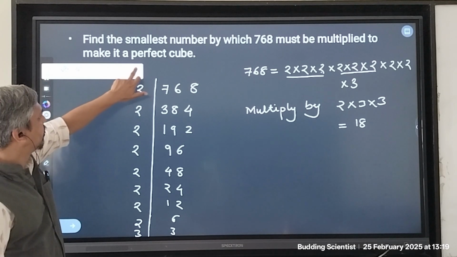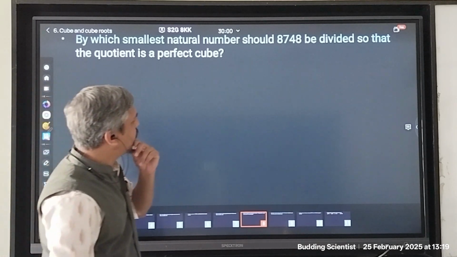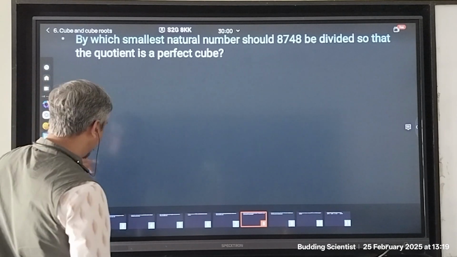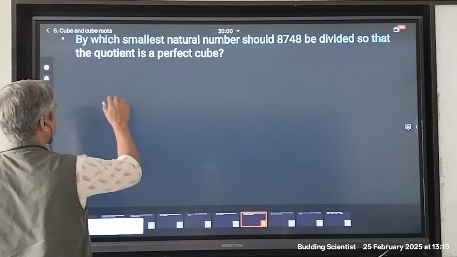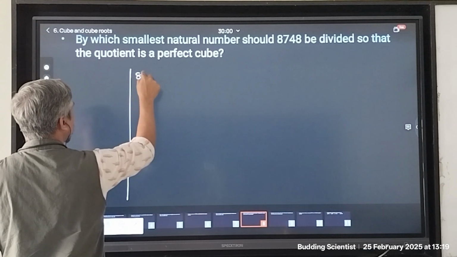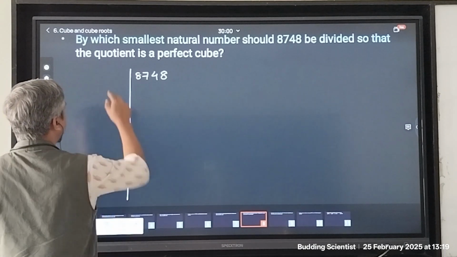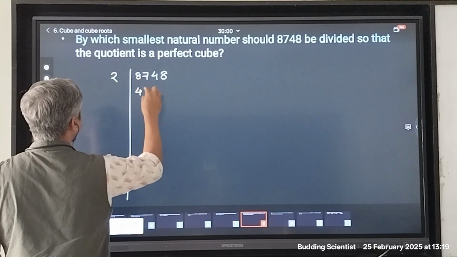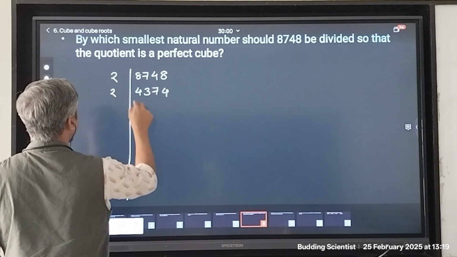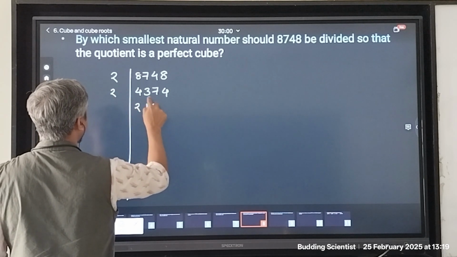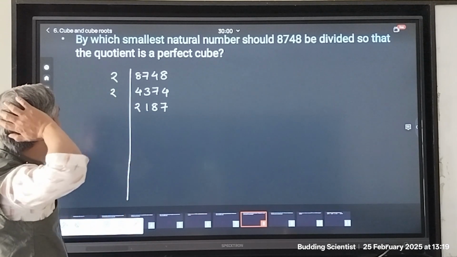The next question, by which smallest natural number should 8748 be divided so that the quotient is a perfect cube? Let me just quickly do 8748.